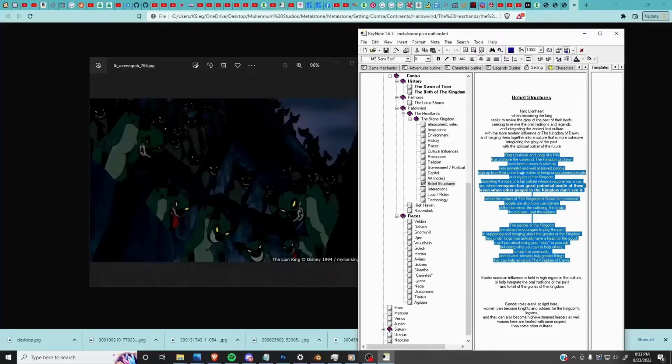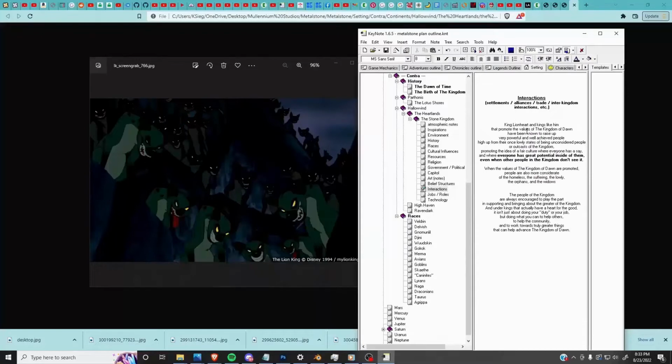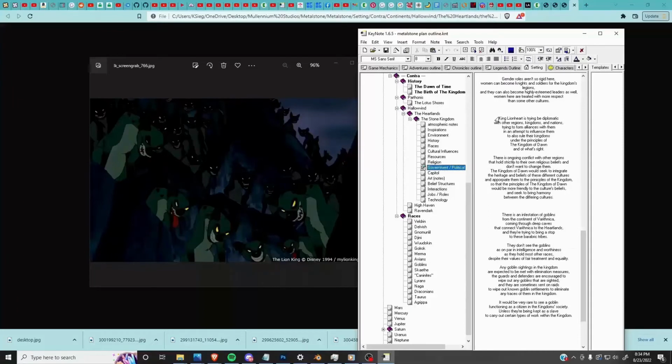So some of these belief structures could actually be copied and pasted into our interaction section, because even though they come from beliefs, it does help to note the kind of interactions that could go down in the kingdom as well.